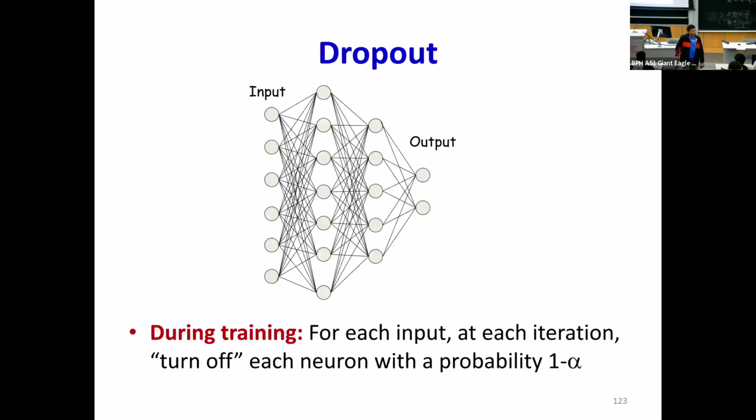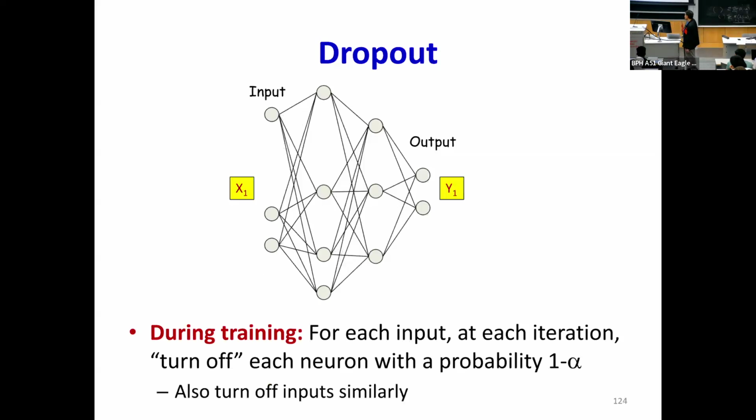And then let's go on to this notion of dropout. During training, in your standard training, you have a network of this kind. For each input at each iteration, in a standard network, all the data is going to start at the beginning and go through to the end. If you use dropout, for each input at each iteration, you're going to turn off these neurons with some probability.